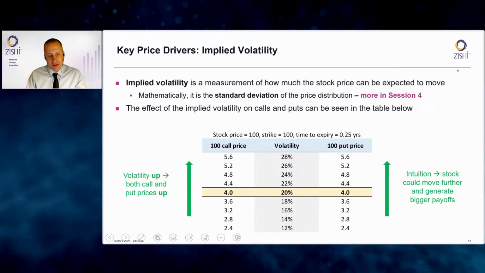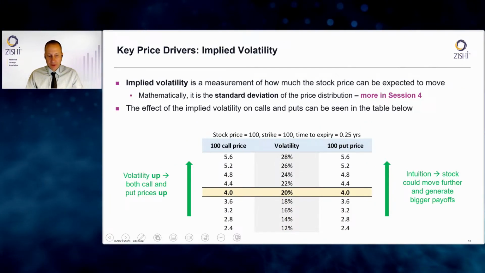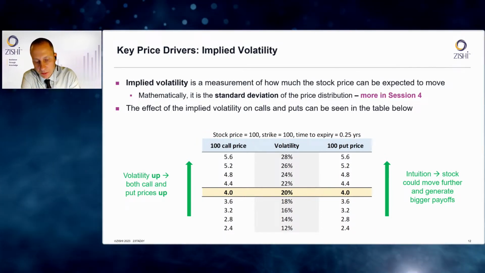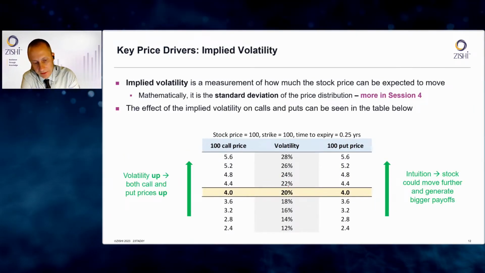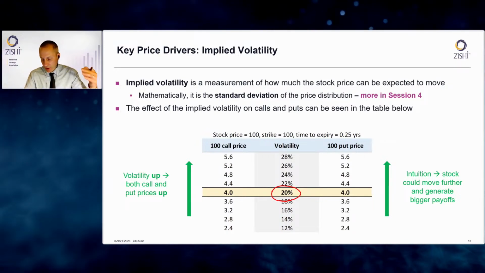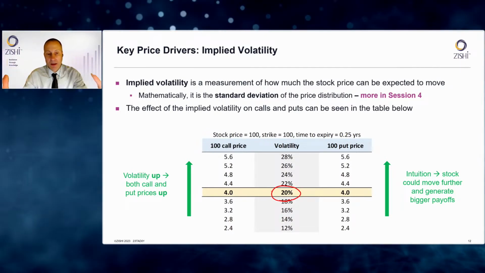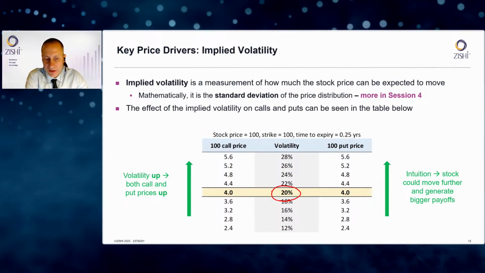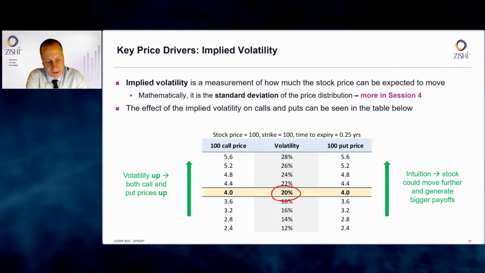Let's just tab forward now and have a look at the real prices here. So previously, remember, I priced this option with a volatility of 20%. And for now, we're just saying, okay, we'll accept that as a number, and then in session 4 we'll understand a little bit more about what this is.